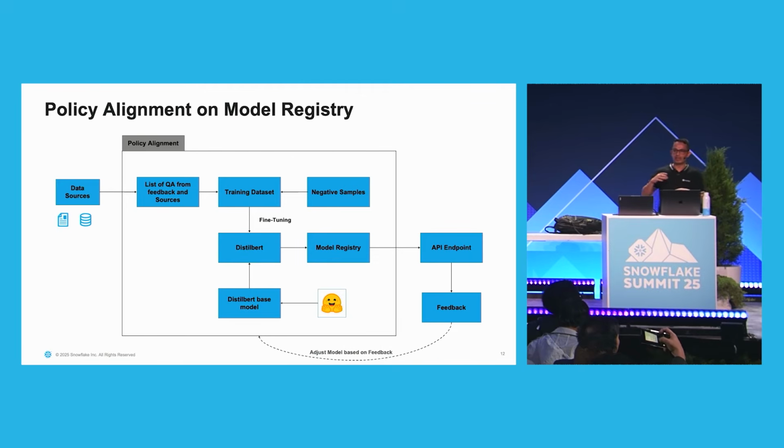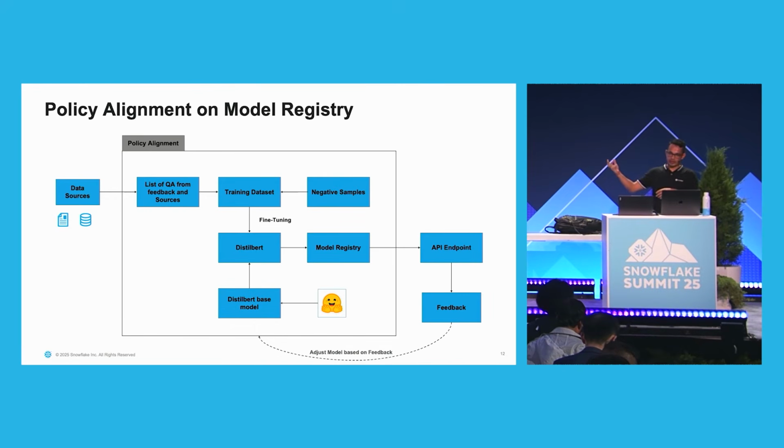There will be one more session on the 5th if you want to deep dive into all of this, like how we are making some of the decisions at a particular event of time. You can attend that session, which is about enforcing domain-specific boundaries on Snowflake. But here the essence is that first we generate the training data set and some negative samples.